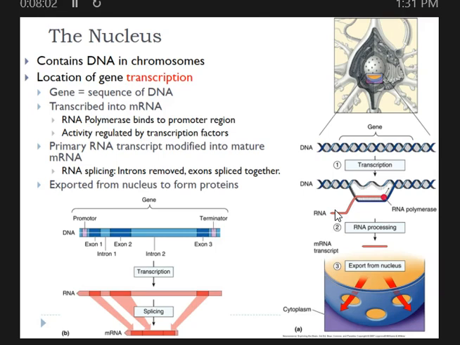Once we produce a mature messenger RNA transcript, that's this little red thing here, it will then leave the nucleus via nuclear pores and go out into the cytoplasm of the neuron. And it's there that we can actually do this next step, which is translation.